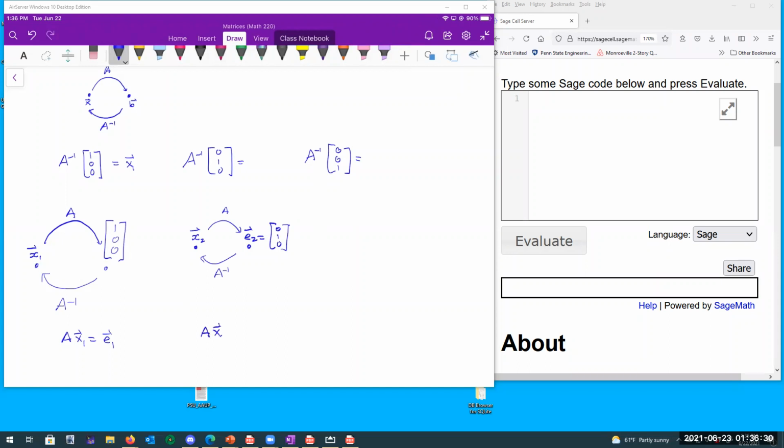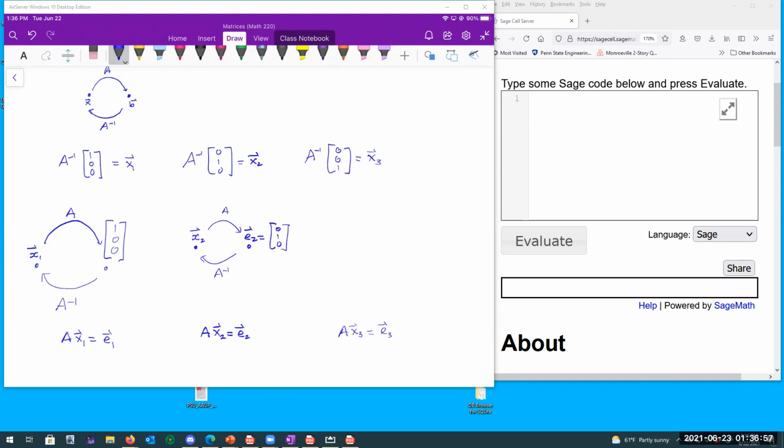But we could calculate this by solving. We could find that second column by solving AX2 equals E2, or 0, 1, 0. And finally, our third column we get by solving AX3 equals E3. Same story.